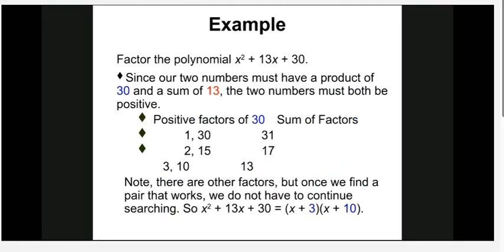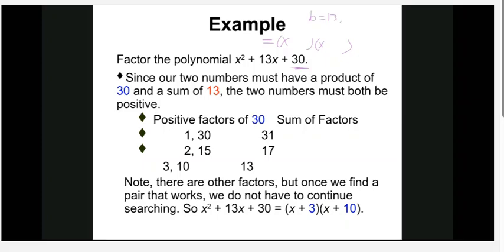So for example, if we have x squared plus 13x plus 30, we're going to factor the first term into x and x here. This is c, and our b here is 13.